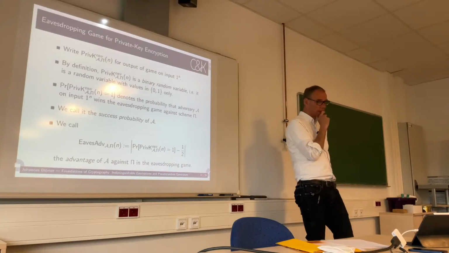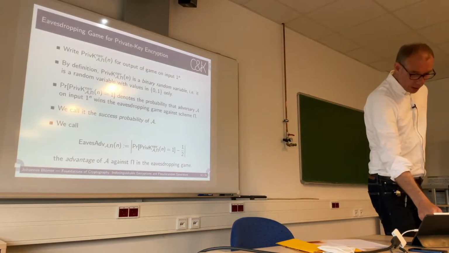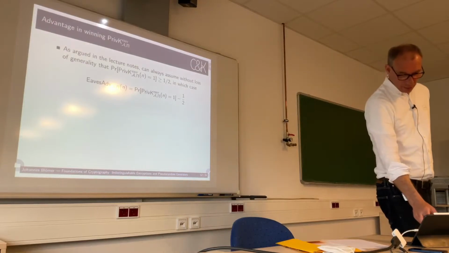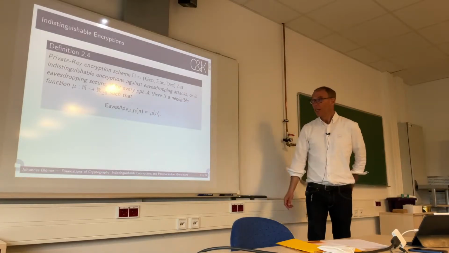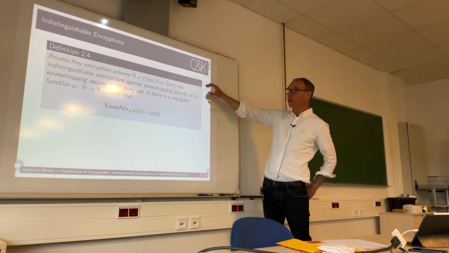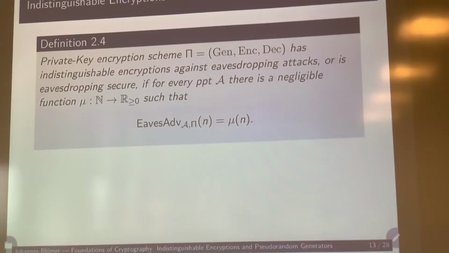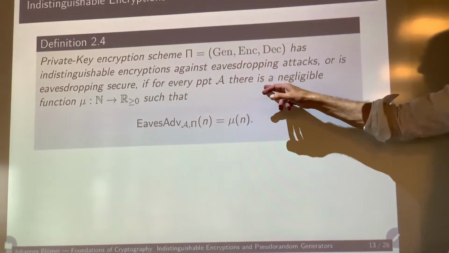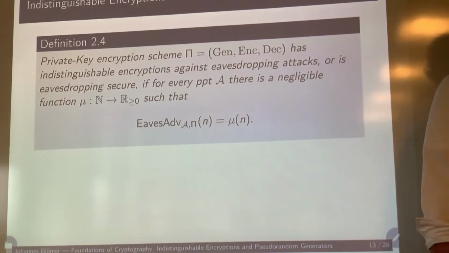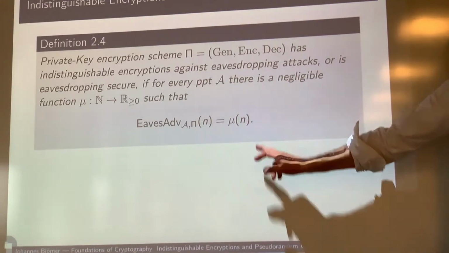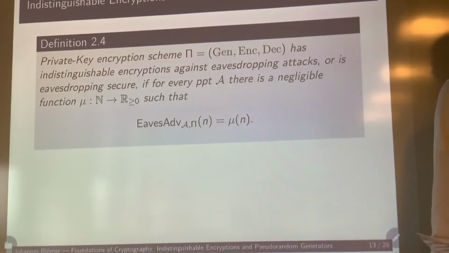So now we are ready to, let me skip this. I will come back to this later. And now we say that private key encryption scheme pi has indistinguishable encryptions against eavesdropping attacks, or simply is eavesdropping secure, if for every probabilistic polynomial time algorithm there is a negligible function such that the eavesdropping advantage is bounded by this negligible function.